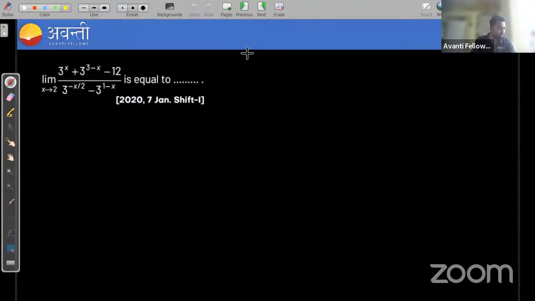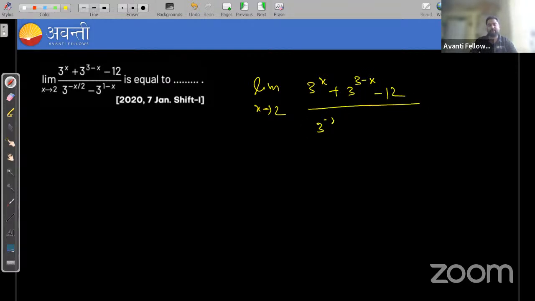This is the question. Now we'll solve it. What is the answer to this question? Can you solve it? See here. This question came in the January exam. Limit as x tends to 2 of 3 raised to x plus 3 raised to 3 minus x minus 12, divided by 3 raised to minus x upon 2 minus 3 raised to 1 minus x, right?